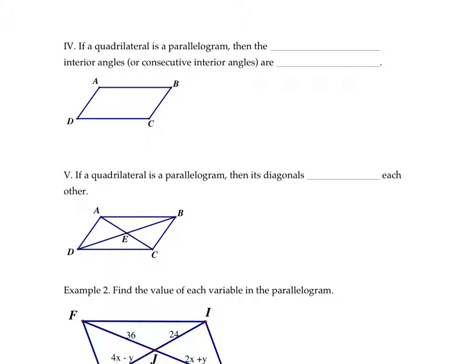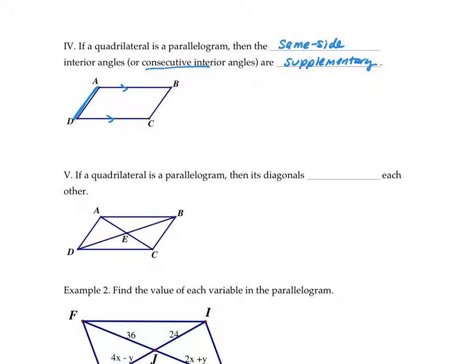So another property of parallelograms states if a quadrilateral is a parallelogram, then the same side interior angles or consecutive interior angles are supplementary. Okay, so this should sound familiar from earlier this year when we discussed parallel lines being cut by a transversal.